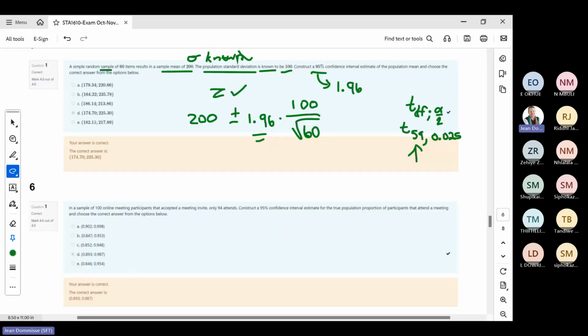Okay, but when they throw in population, cool, it's known. They didn't even need to say population standard deviation is known to be. They could have just said population standard deviation is 100. And because it's population standard deviation, all cool, you can use the Z.